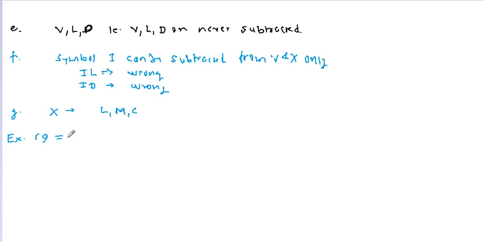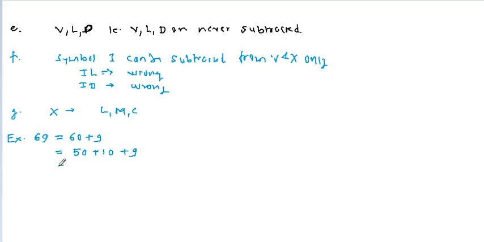So we have 69, and we now convert this into Roman numerals. 69 can be written as 60 plus 9. For 60, we write L plus X, that is L for 50 and X for 10. So first we write 50 plus 10 and then plus 9.